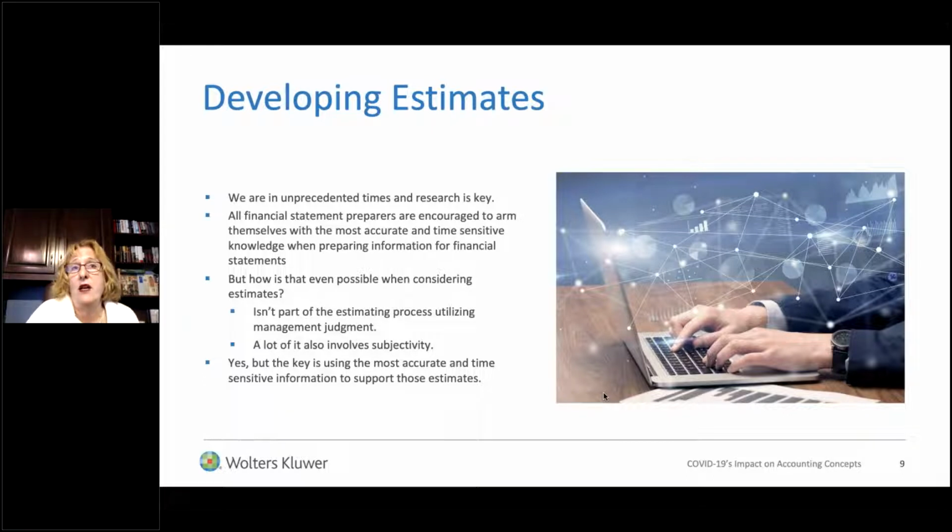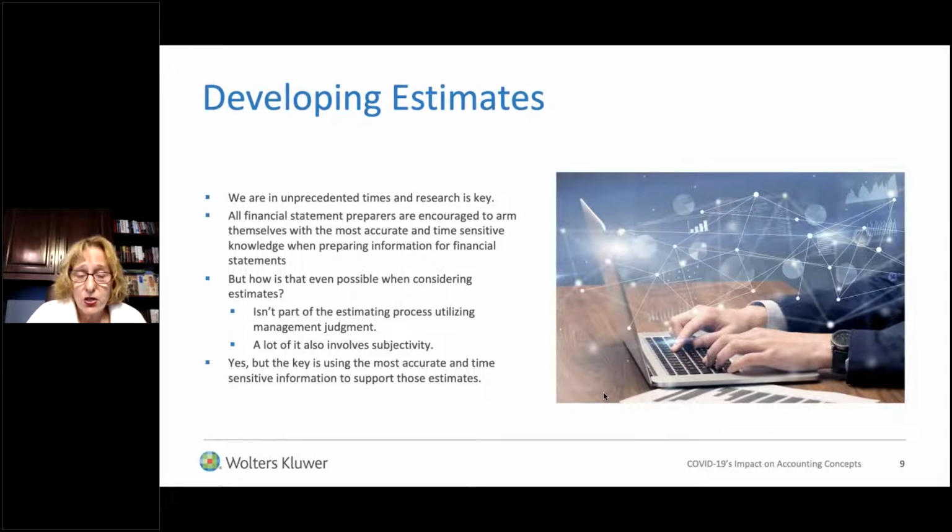I live in the Midwest, and there are some companies that are doing fine, and other companies in the same sector that are struggling. So you have to be able to evaluate what comprises the information you need to make cash flow estimates or other estimates going forward.